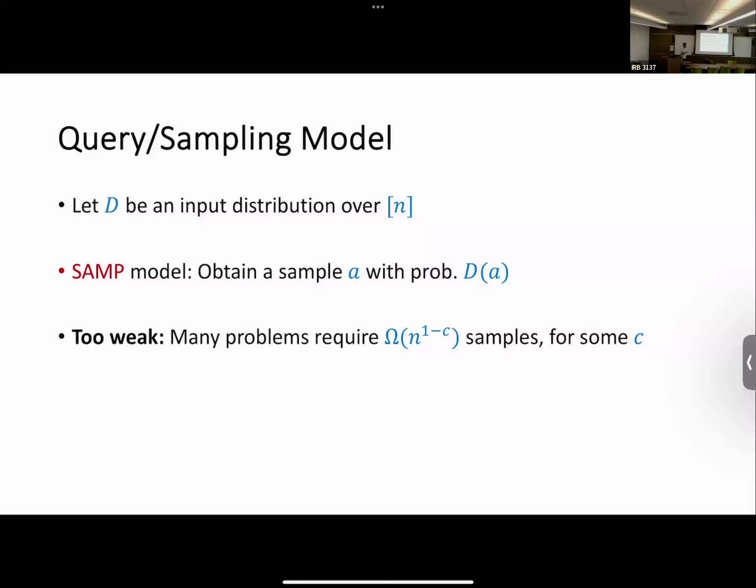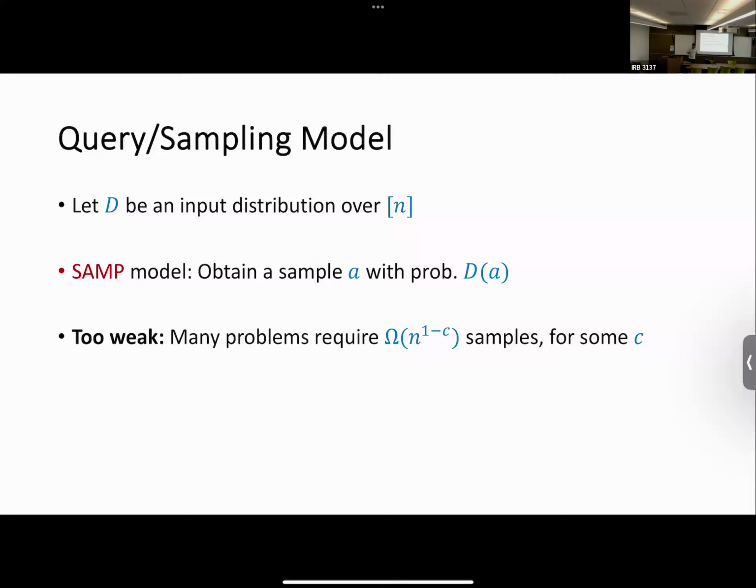There are certain properties for which we need at least, say, n to the 1 minus c samples. For example, one of the basic things that we want to estimate for a probability distribution is the support size. And it turns out that in this model, we need almost linearly many queries.